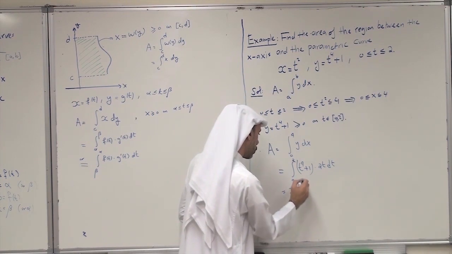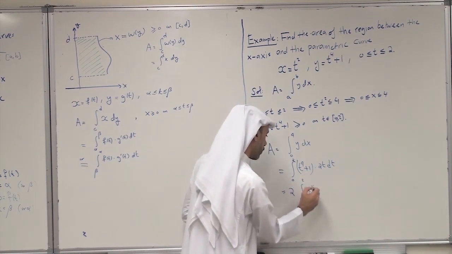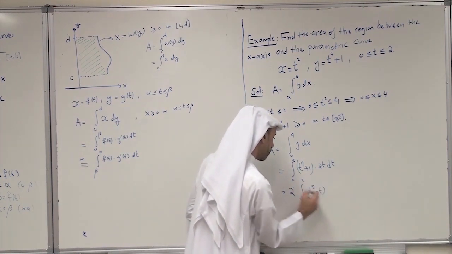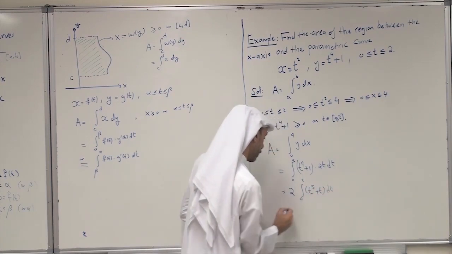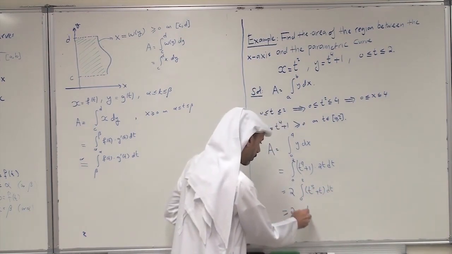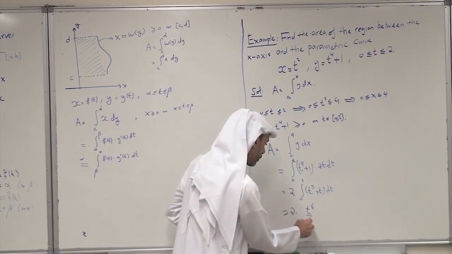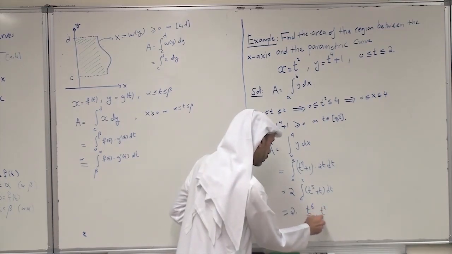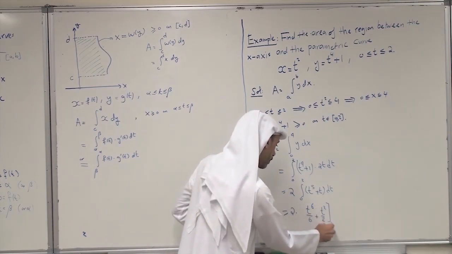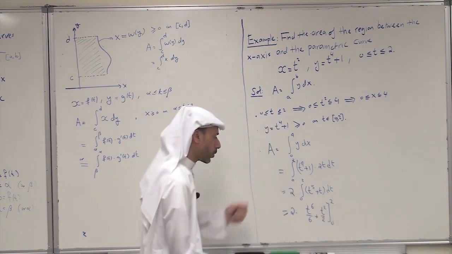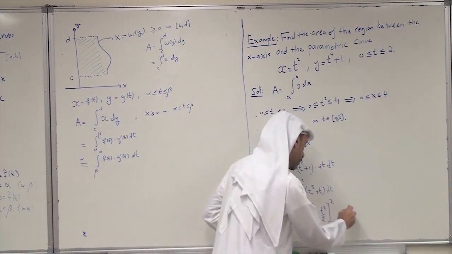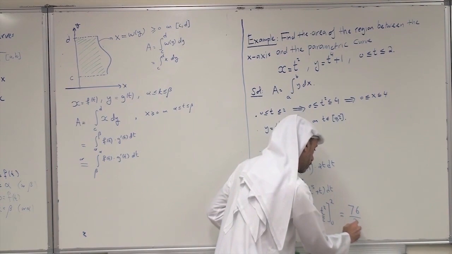You get 2 times the integral from 0 to 2 of t power 5 plus t dt, and then 2 times t power 6 over 6 plus t power 2 over 2 from 0 to 2. You substitute, and we get the answer is 76 over 3.